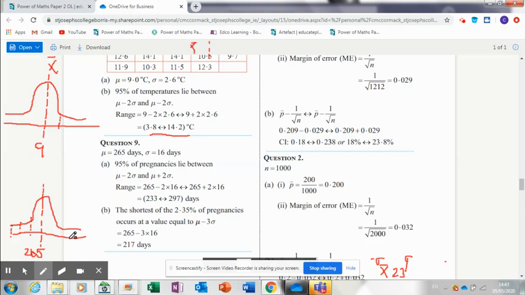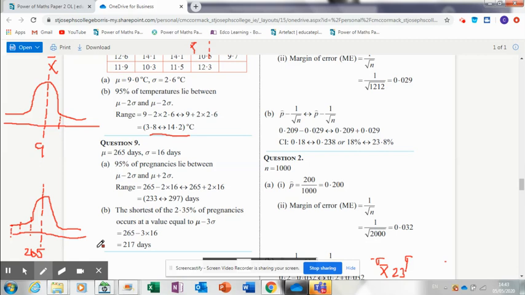The longest would be 265 plus 3 times 16. If you were asked that, 265 plus 3 multiplied by 16. So the longest would be 313 days. That's the longest of the 2.35% of pregnancies, but the shortest would be 217.